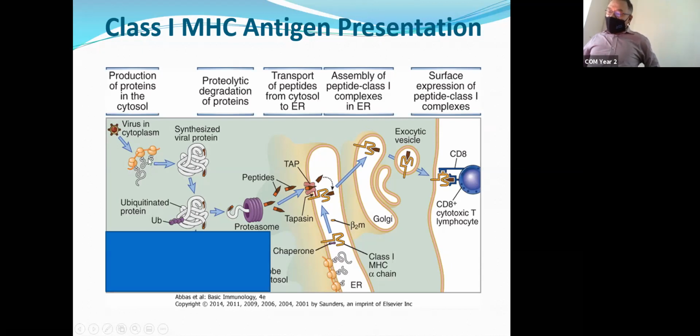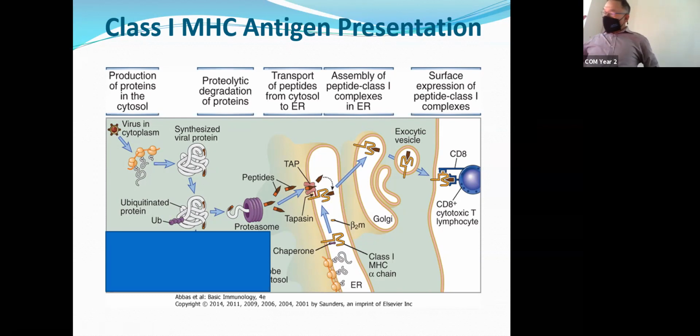And so it tags these foreign proteins with this so-called chaperone, ubiquitin, which passes the viral proteins through this cylinder called a proteasome. These proteasomes consist of multiple proteolytic enzymes.